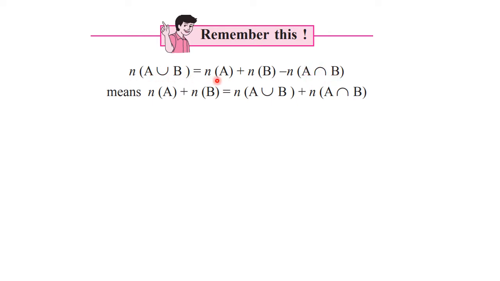Union means we combine all the elements from these two sets, and for intersection we consider only the common elements. This formula we found out last time.